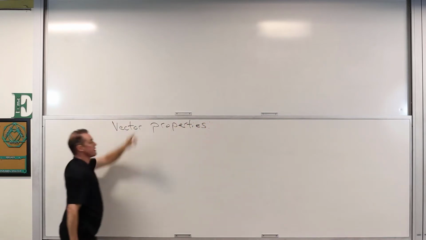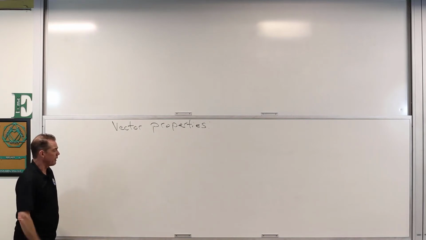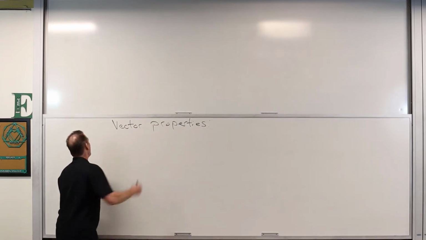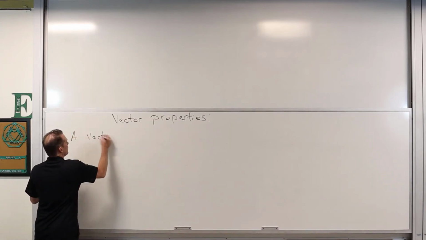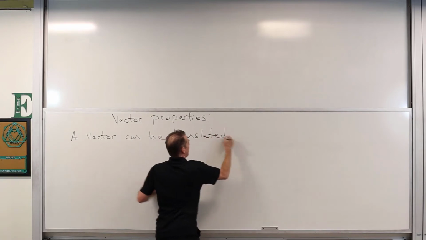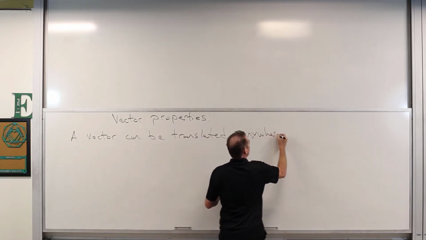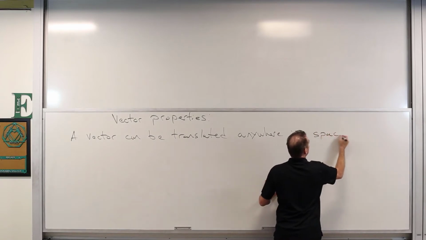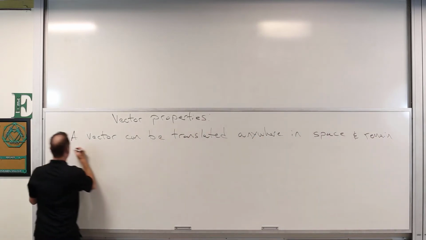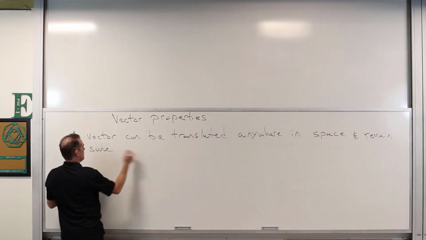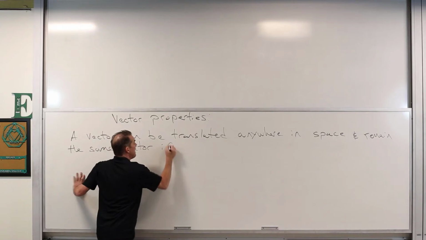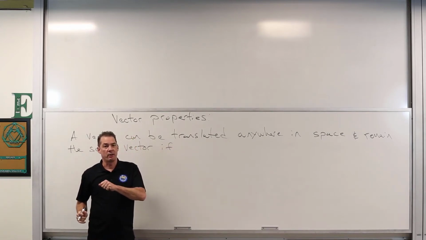Some vector properties. So the first property that we want to discuss here is that a vector can be translated anywhere in space and remain the same vector, if we do not change its length or the direction it is pointing.